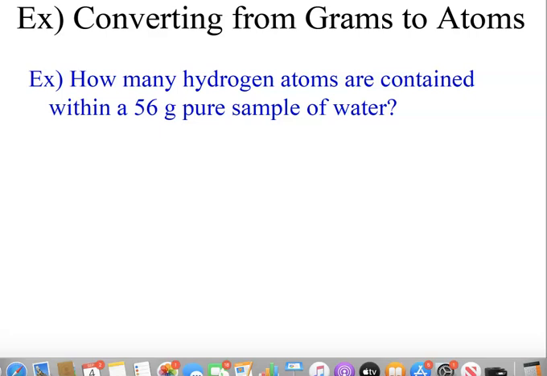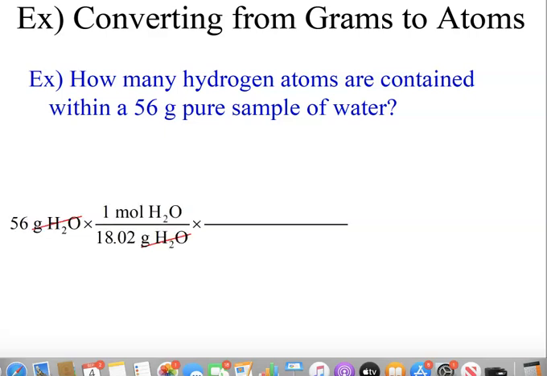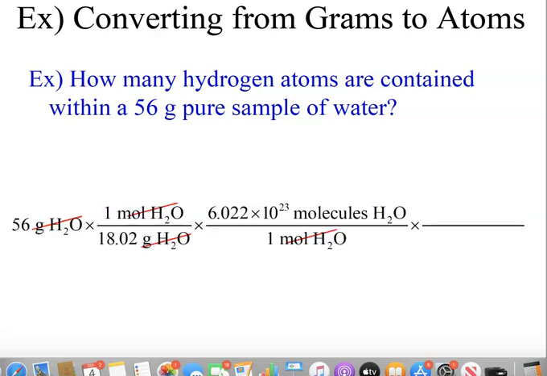Okay, we're back. To find out how many atoms of hydrogen are present, well, we just need to take it one step further. Start with the 56 grams of water we're given. Convert that into moles using this conversion factor, 1 mole over 18.02 grams. Second conversion factor, 6.022 times 10 to the 23rd molecules of water per mole.